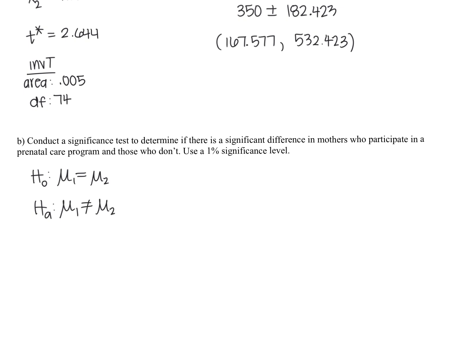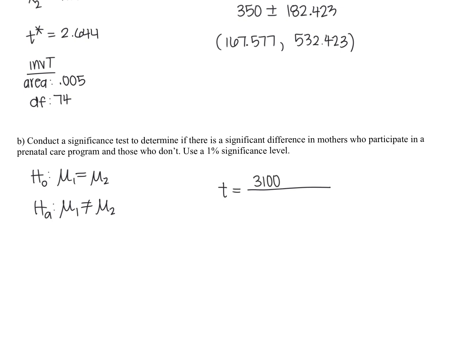So it does say significant difference. We're not trying to do greater than or less than. We also can't compare a confidence interval in a significance test unless the alternative hypothesis is does not equal. I'm not redefining X1 and X2 since it doesn't change from the previous problem.